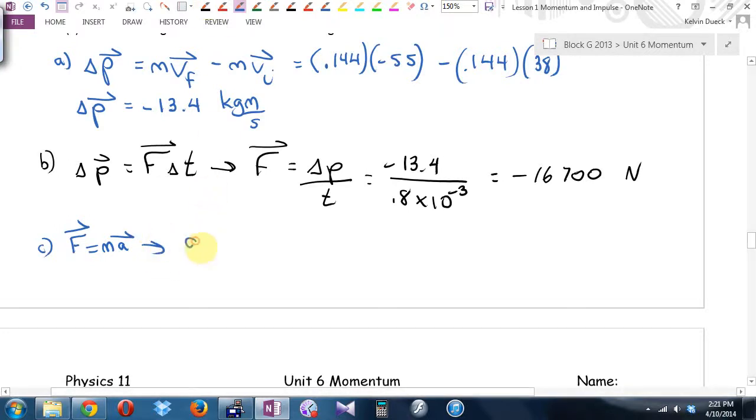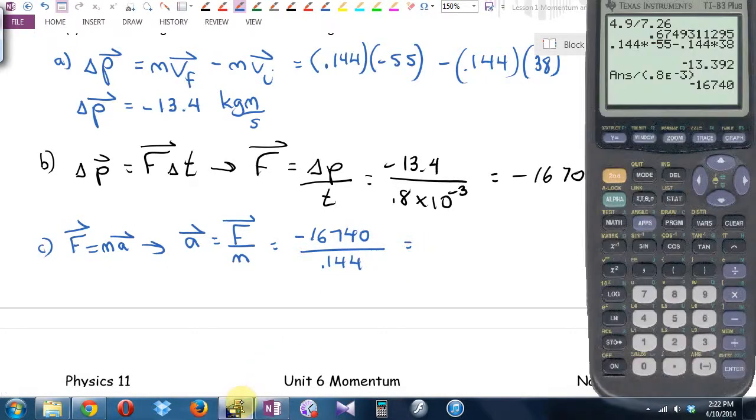So the acceleration that this baseball is going to feel is going to be negative 16,740. I'll use the full value on my calculator. Divided by 0.144. This baseball really is going to accelerate pretty fast.